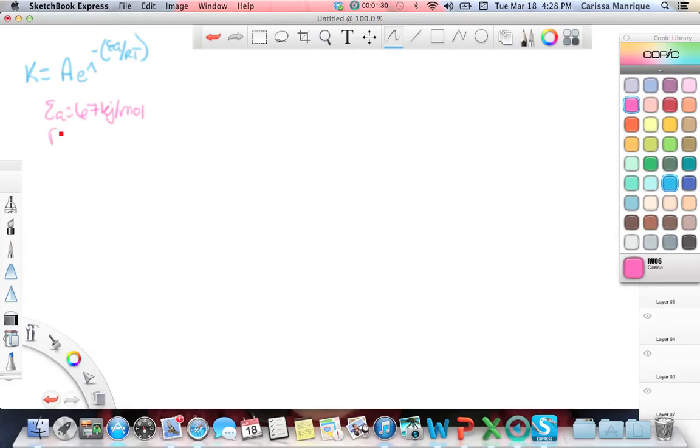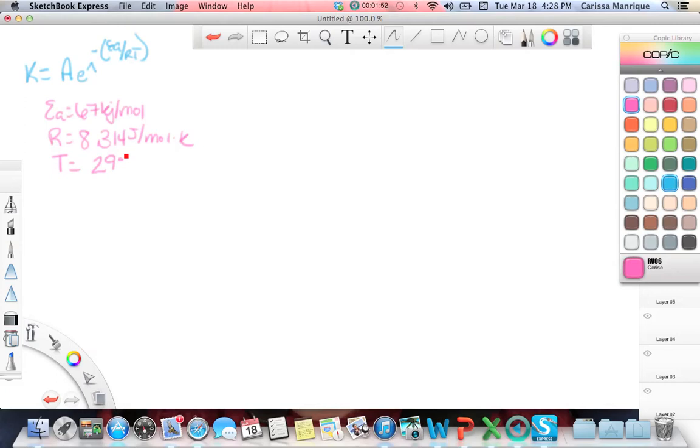R in this chapter is going to be 8.314, and that's joules per mole Kelvin. T, temperature, was given to us as 29 degrees Celsius.